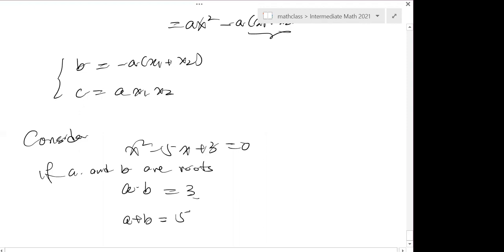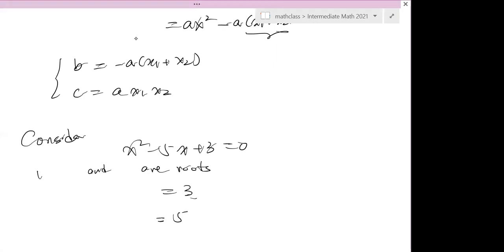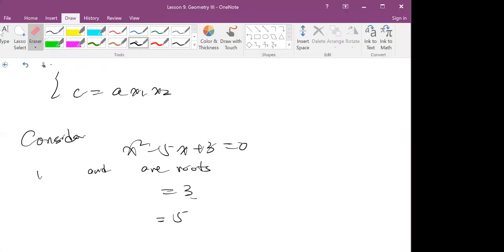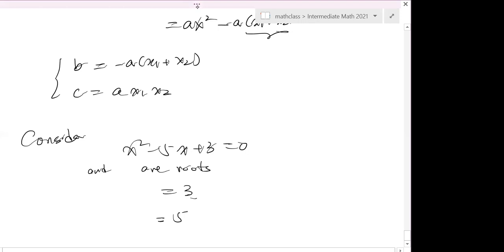Okay, you can see that. Maybe I should use x1 and x2, because otherwise it's confused with the notation here. So if x1 and x2 are the roots, then x1 times x2 is 3, and x1 plus x2 is 5.